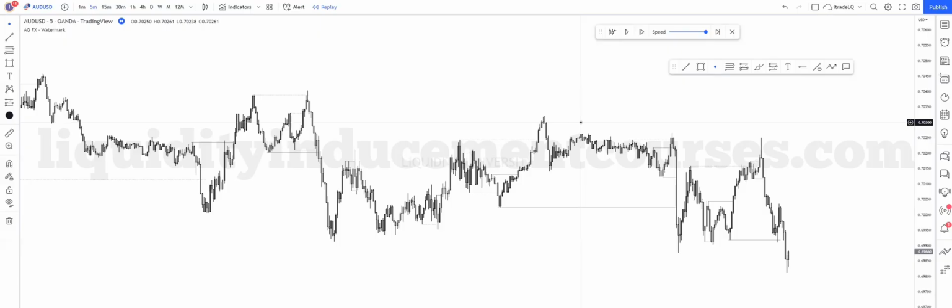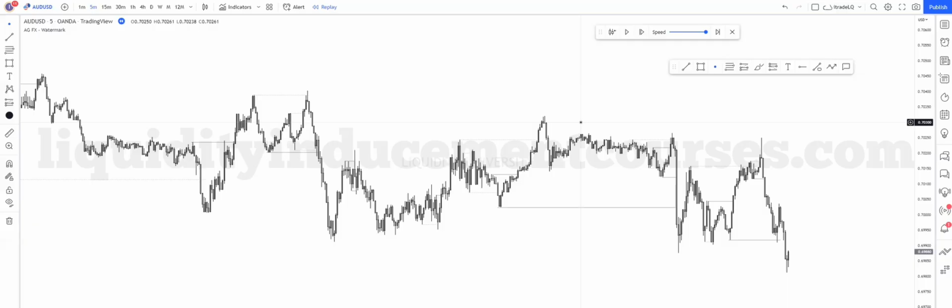Right? It's an algorithm that runs the market. Something is consistent, something repeats. And as you can see, these patterns repeat over and over and over again. But there's not only just one algo, there's more than one algo in the markets. So that's why we're never going to be 100% correct.